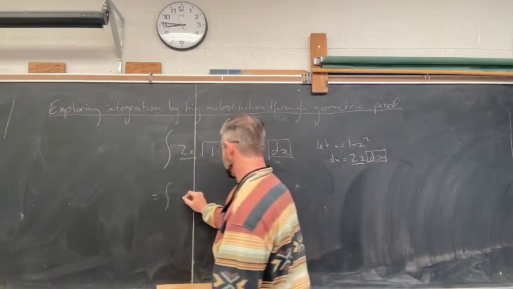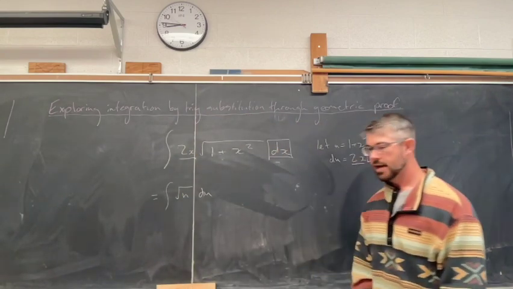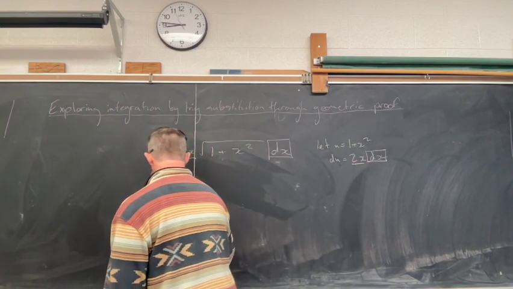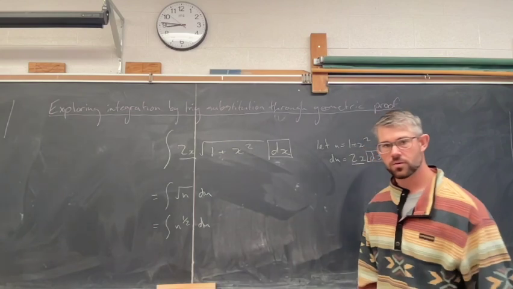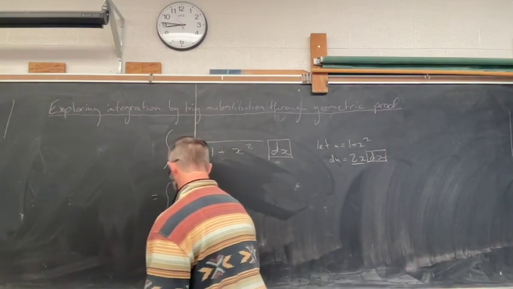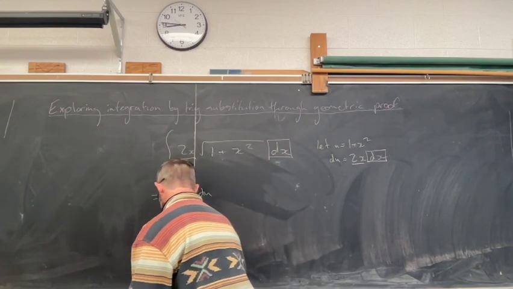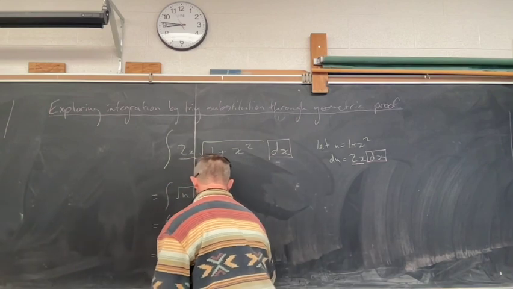So this just becomes the root of u du. And of course, the root of u can be written as u to the power 1/2 du, which then integrates quite nicely to, remember this increases by 1, so it's going to become 3 over 2. We divide, so it becomes 2 over 3 u to the 3 over 2 plus c.